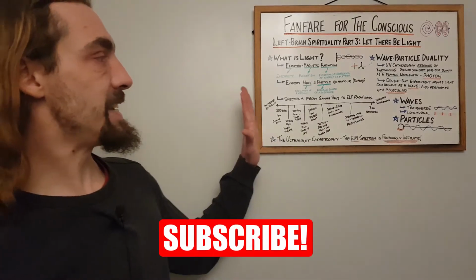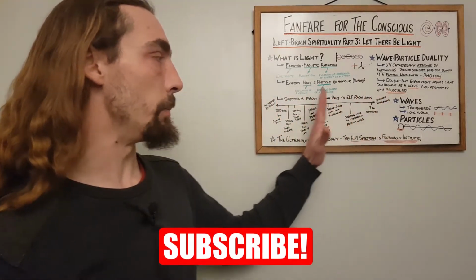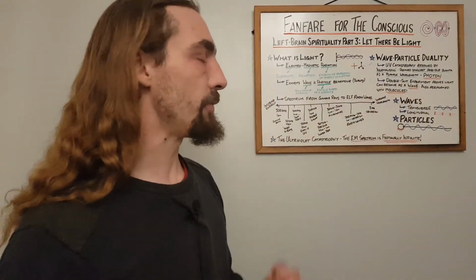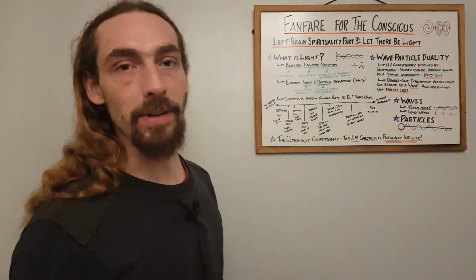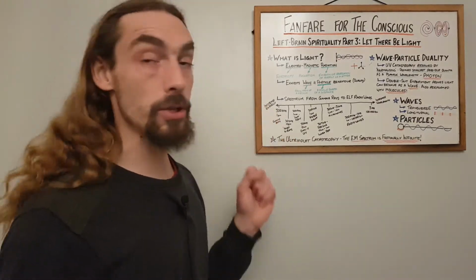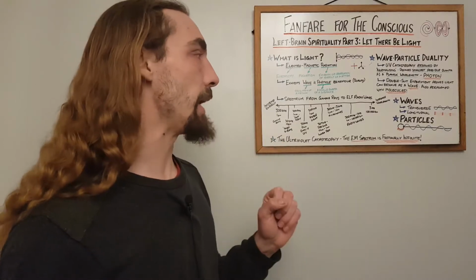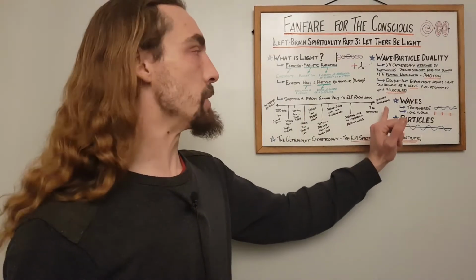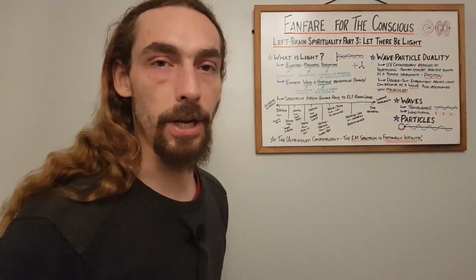So it's this continual spectrum of different frequencies, different wavelengths, and different energies. The higher the frequency, the shorter the wavelength, the higher the energy. The longer the wavelength, the lower the frequency, the lower the energy.